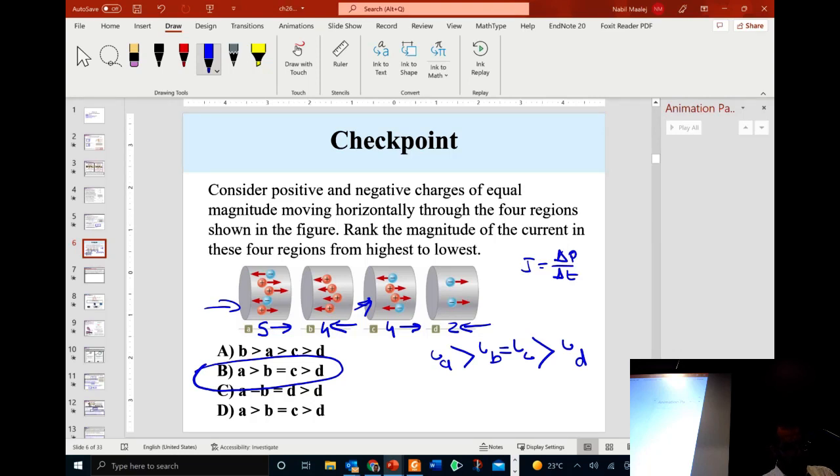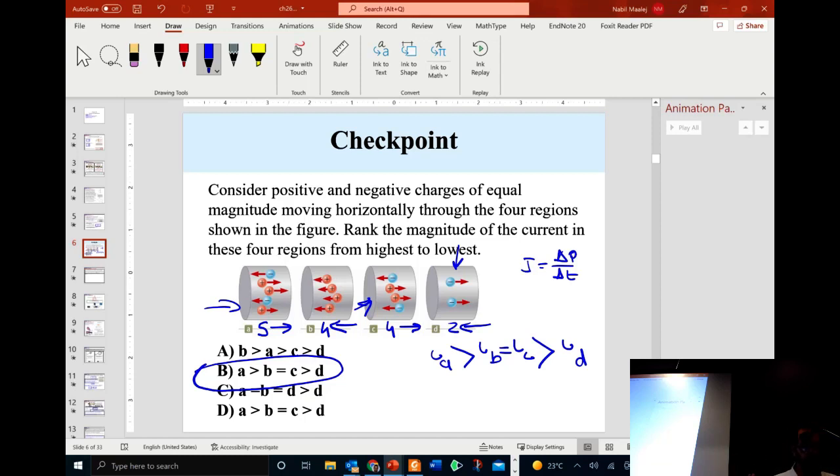So there we said the direction of the current is the direction of positive charges. For example here, there are no positive charges, at least in this schematic diagram. There are negative charges moving to the right. So the current is going to be opposite to that, as if we have positive charges moving to the left.